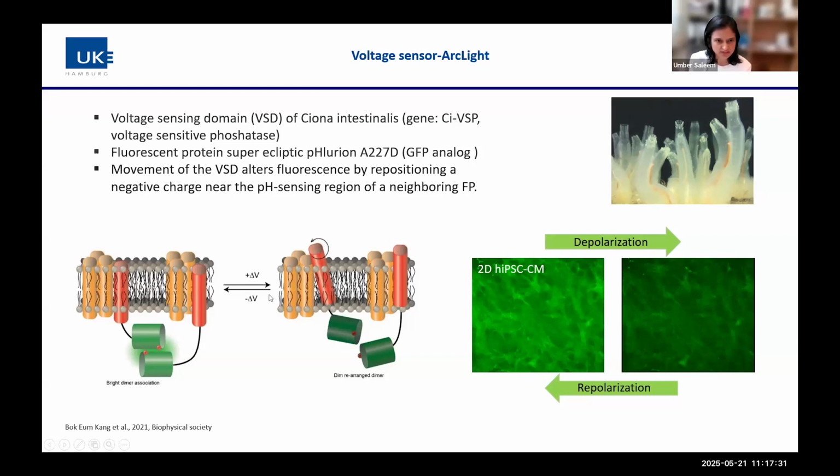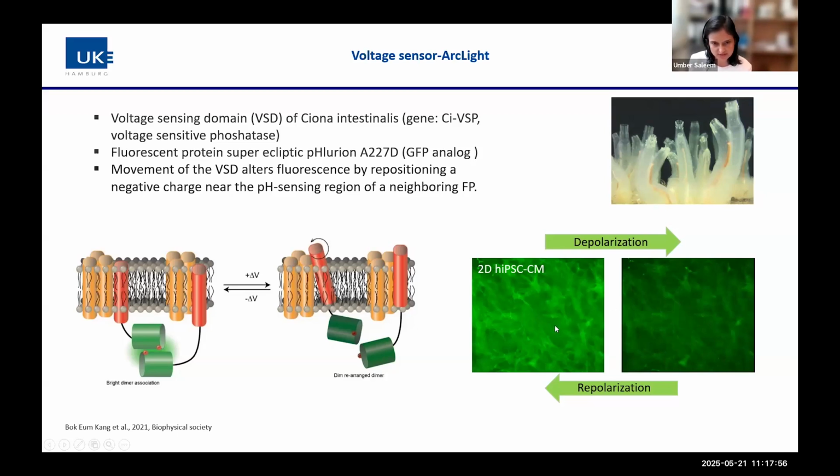So what happens upon depolarization? In the S4 domain of this voltage sensing domain, there is a conformational change, which then changes the position of the strategically placed negative charge towards the other fluorescent protein, and then the fluorescence intensity decreases.